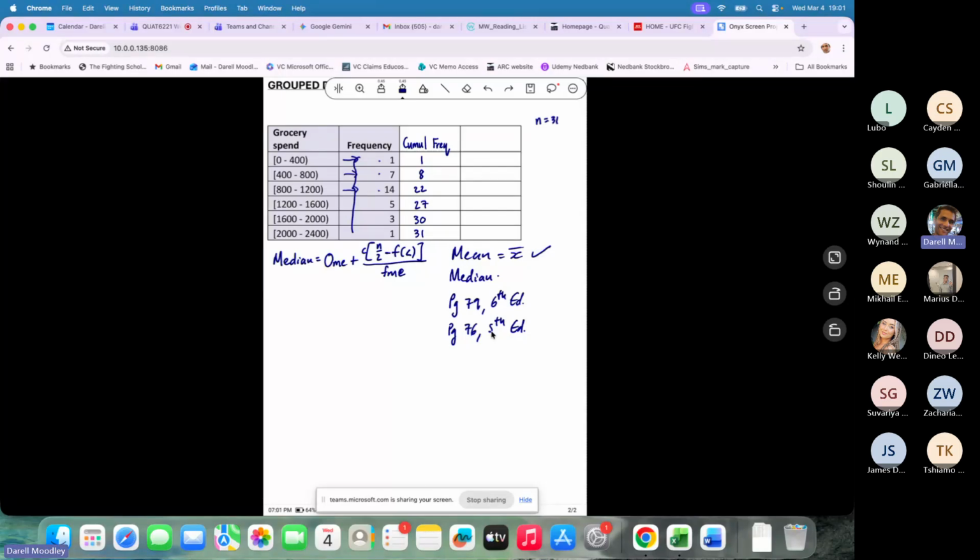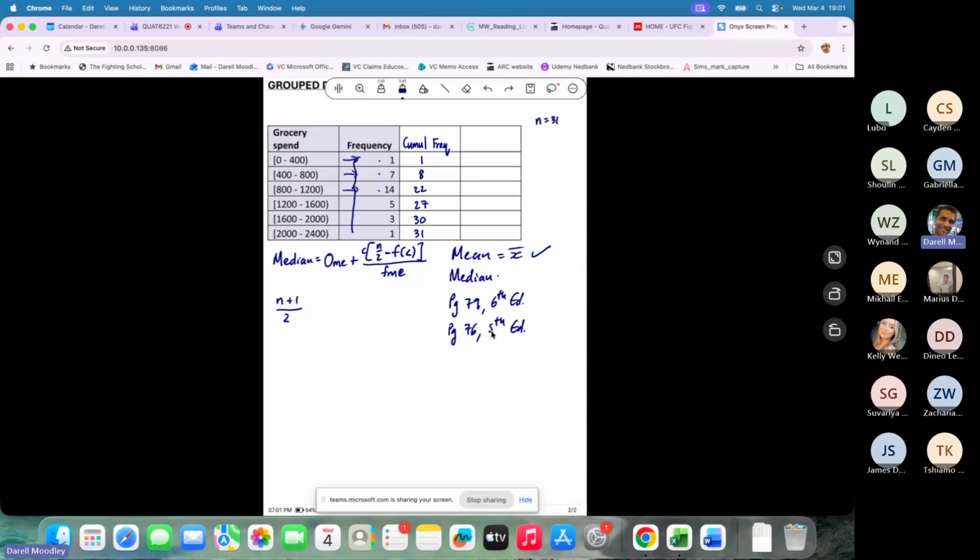If we had 31 customers, the middle value would be the customer in the middle. So how do we work out the position for the median? Remember, when we did ungrouped data, to find the position, we used N plus 1 over 2. Now we're going to do pretty much the same thing for group data.